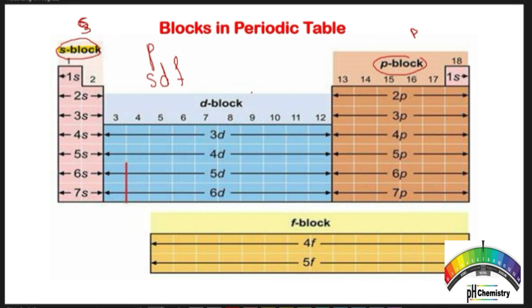For all the elements in the D block, the last electron, meaning the valence electron, must be in the D subshell, and for the F block the valence electron must be in the F subshell. So in this way the blocks of the periodic table are named S block, P block, D block and F block. The last electron goes in that particular subshell, so they are named like this.